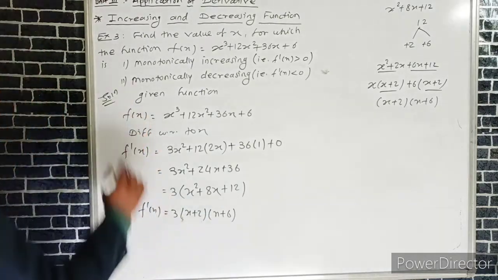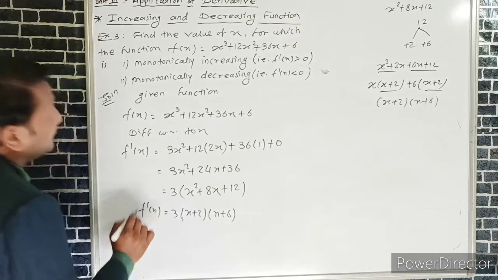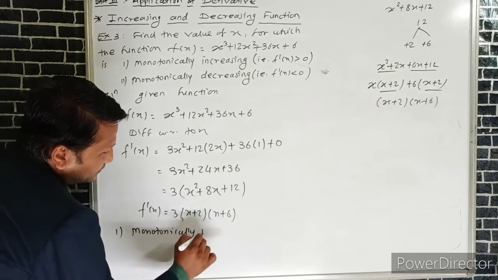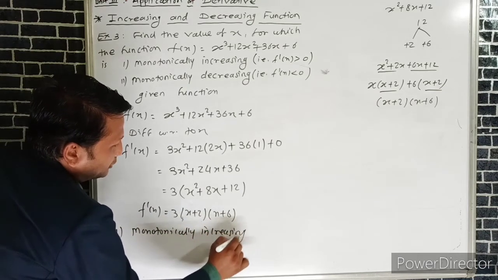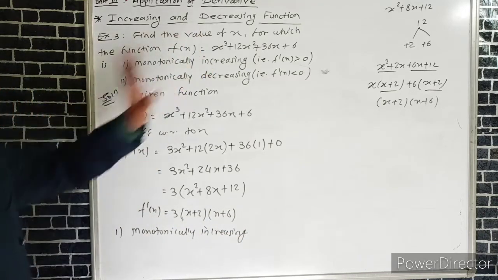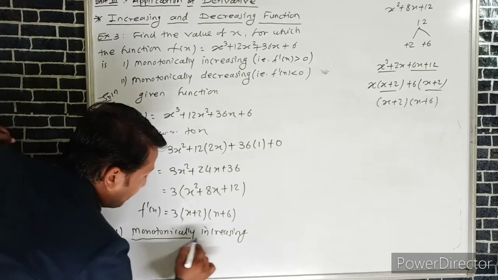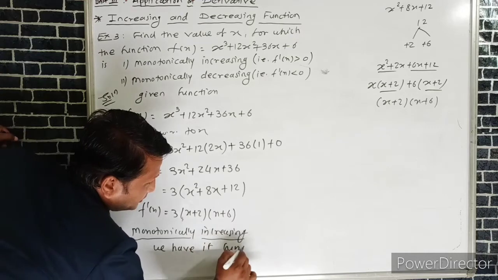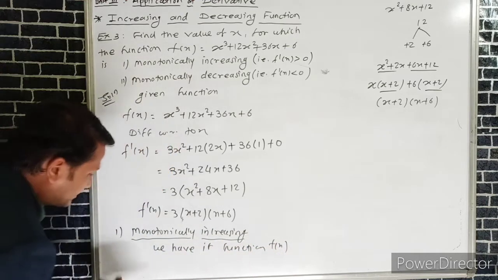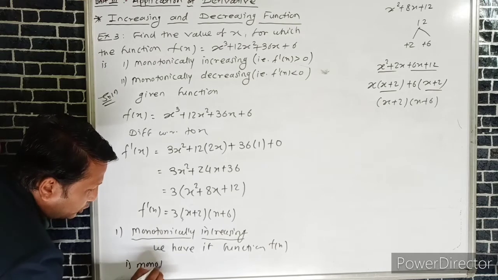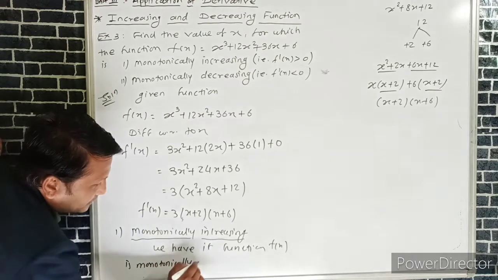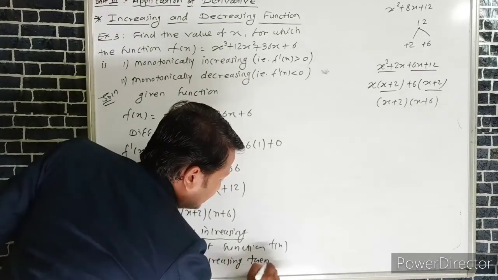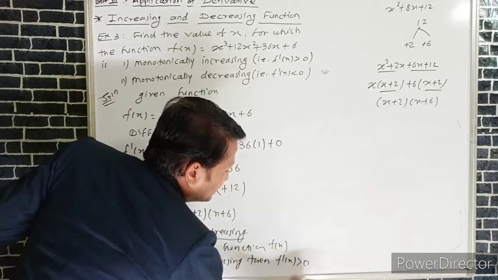First, if the function f of x is monotonically increasing, then f dash of x is strictly greater than 0.